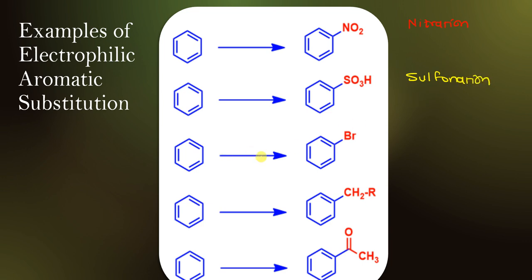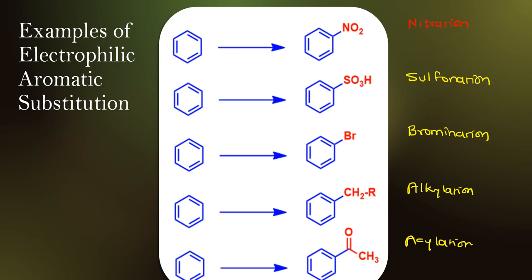Third, we have converted it into bromobenzene, which we can call bromination or halogenation reaction. Then we can perform alkylation reaction. This is well known as Friedel-Crafts alkylation and Friedel-Crafts acylation reaction.